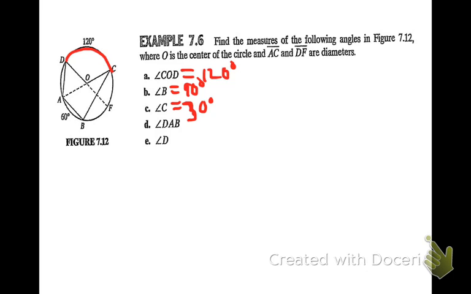We would have to use the diameter idea. Knowing DF is a diameter, what do we know that CF is? Megan. If DF is the diameter, what do we know that CF is?